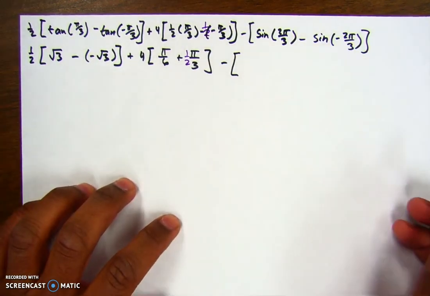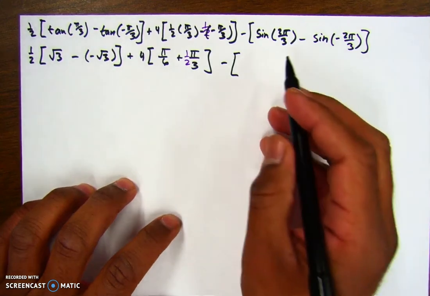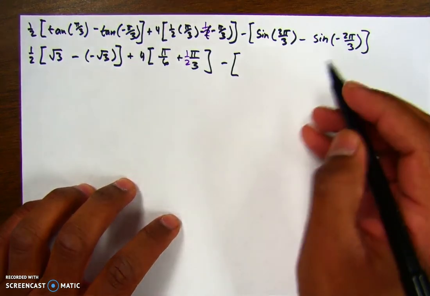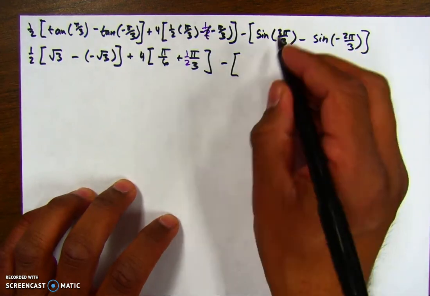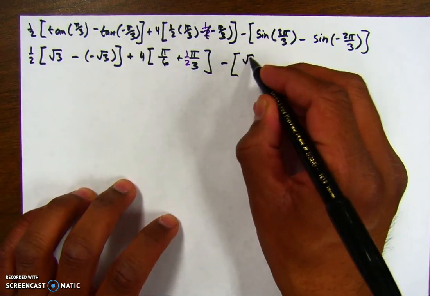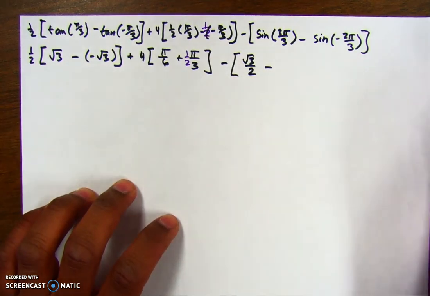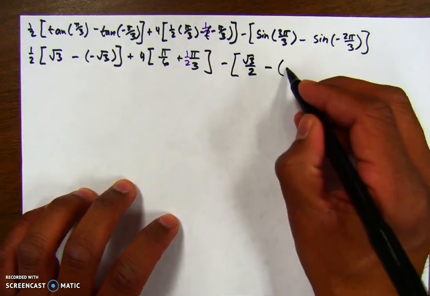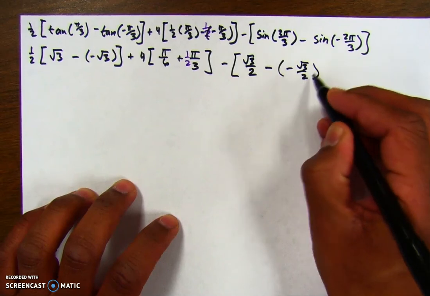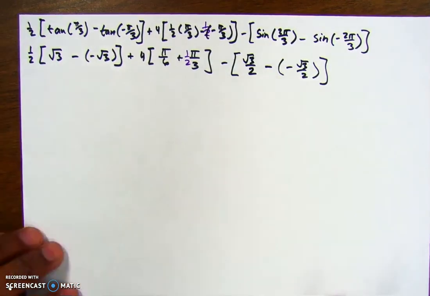Now, sine of 2pi over 3 is going to be positive radical 3/2 minus, and then on the negative side, it'll be negative radical 3/2.